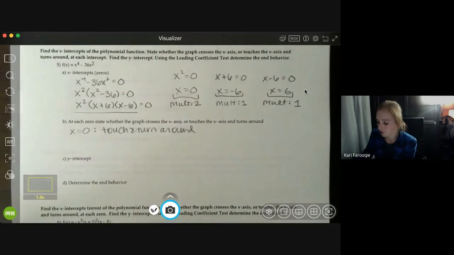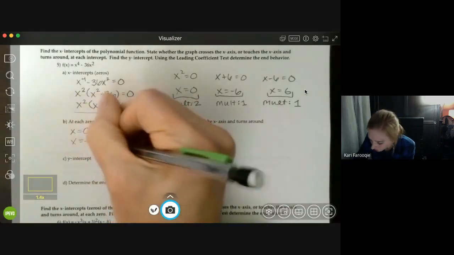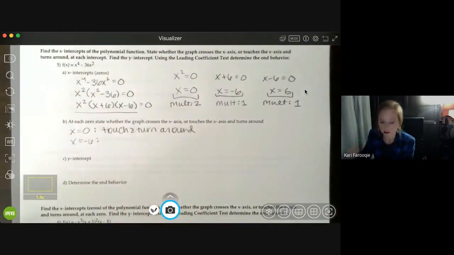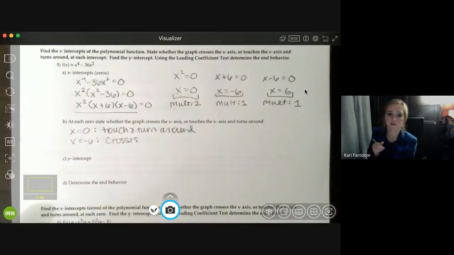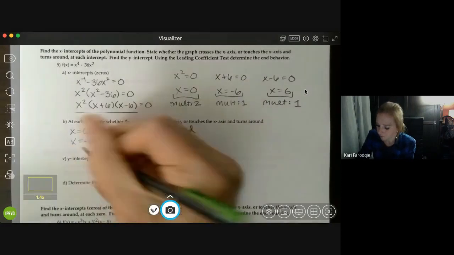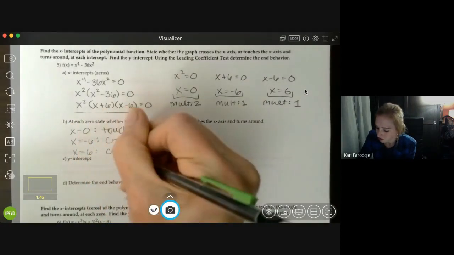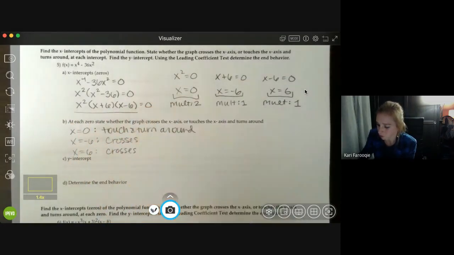We know that at x equals -6, the graph is going to cross through that 0 because the multiplicity is odd. And at x equals +6, again, your multiplicity is odd. Your graph is going to cross through that 0.